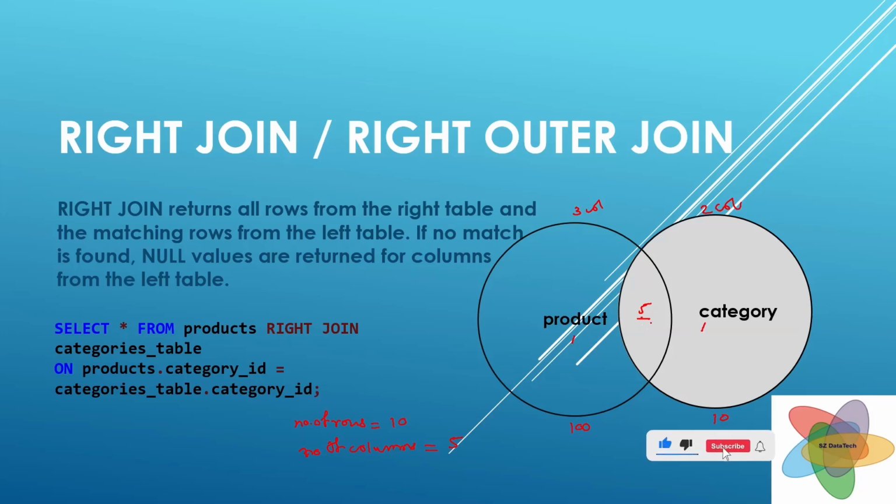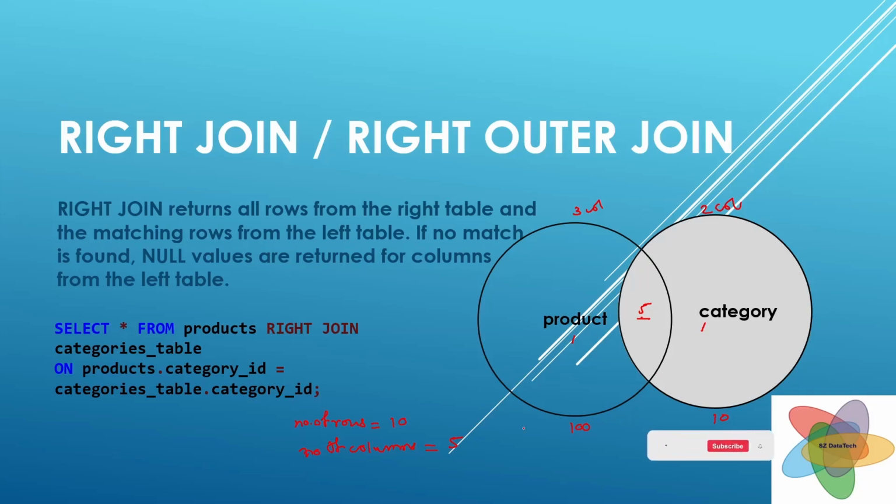So these 5 would be there, and if no match is found, null values are returned for the columns from the left table. So for the columns from the left table, we will get null values for the remaining 5 rows.